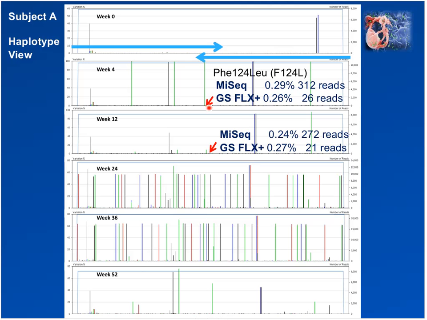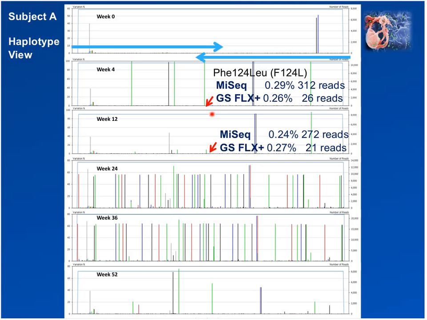And in this position right in the middle of the target, the MiSeq suggests that this variant is present at 0.29%, represented by 312 reads. The GS FLX Plus determined that it was present at 0.26%, represented by 26 reads.